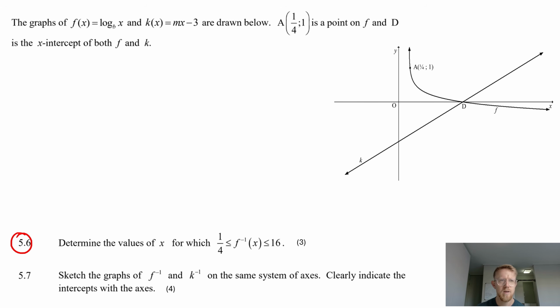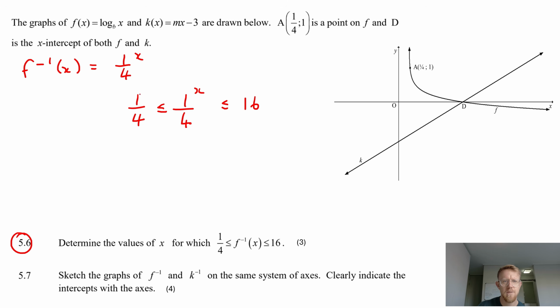This one says determine the values of x for which this expression holds. Pretty straightforward, because we've just worked out the inverse equation, and what we found was that it's a quarter to the x. So I'm going to take a quarter to the x and put that in between here, because what I see is that we've got a lot of these 4s happening. So I know that 16 is the same as 4 to the power of 2.